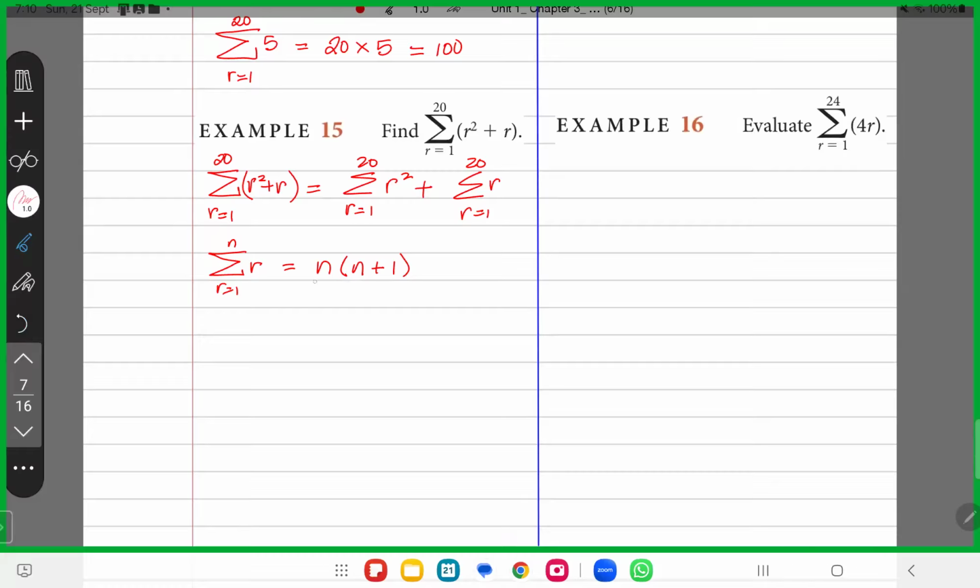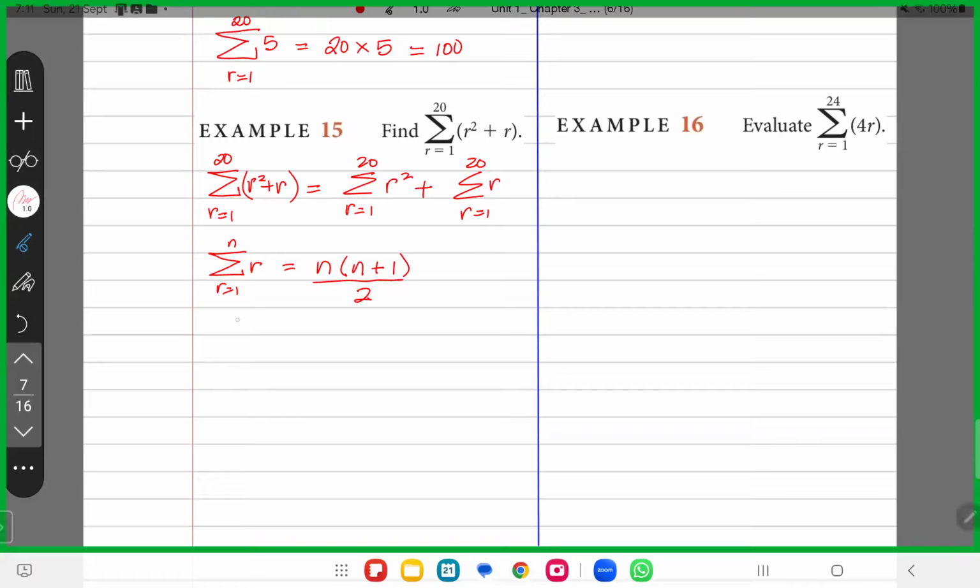So what this is saying is that the sum of the first N counting numbers can be found using the formula: N multiplied by N plus 1 divided by 2. So N could be any counting number. It could be 5, whatever.